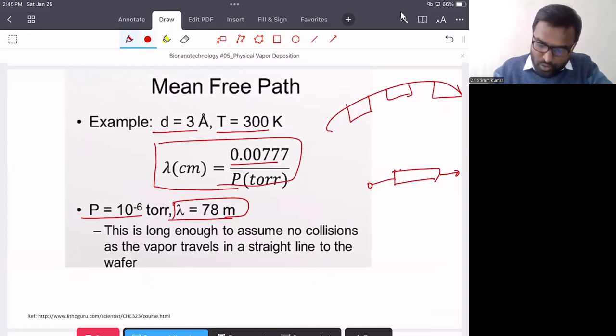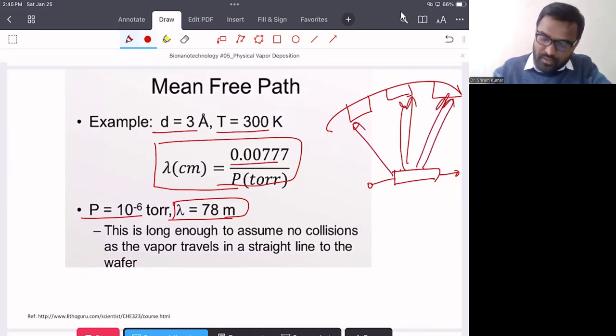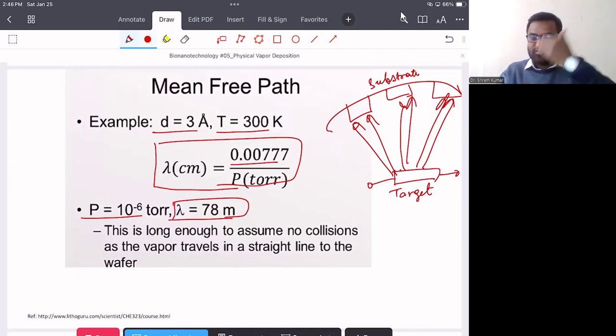Because of the very high mean free path, the vapor can travel from the target to the substrate, and it gets deposited on the substrate. It can travel easily and get deposited. So this is the importance of pressure in the deposition chamber.